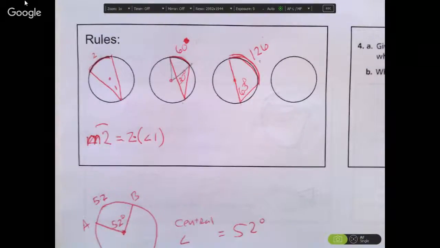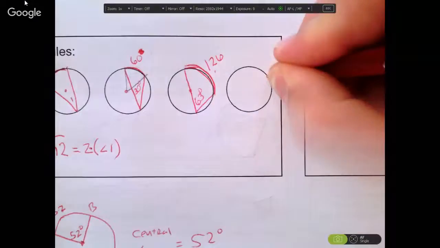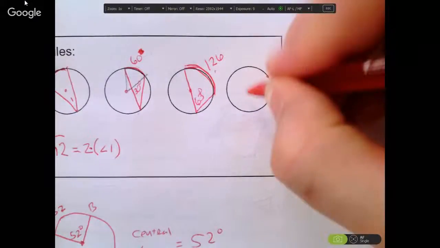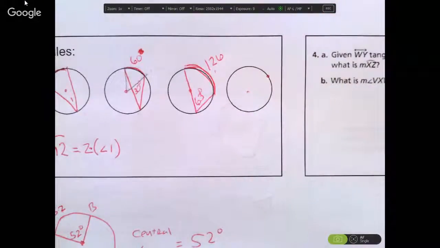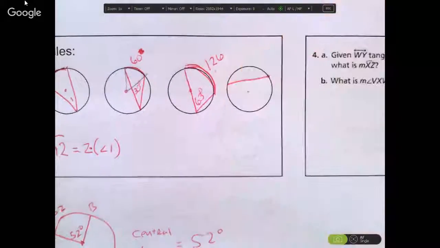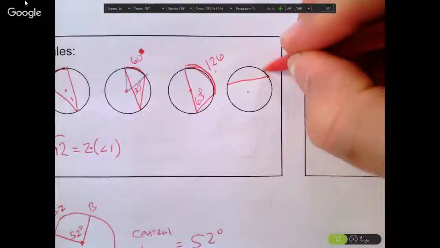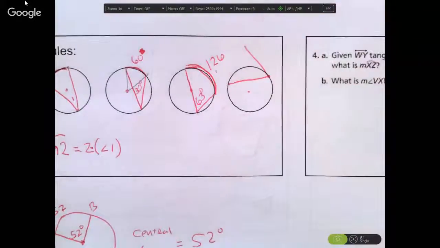The last picture we're going to draw is probably the most confusing one. I'm going to put a vertex right here, and the center point doesn't really matter. I'm going to put one part going this way, and the other part as a tangent line going that way.